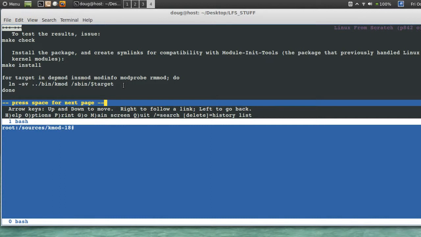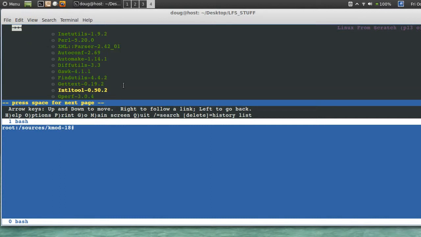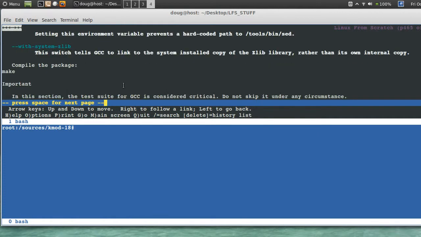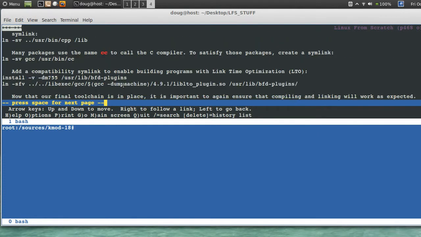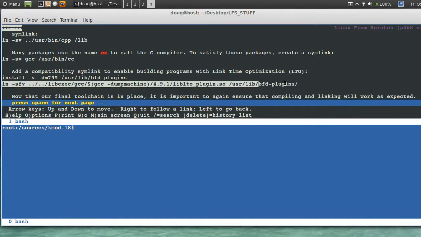There's another one here, way back over glibc, actually GCC after our test. And the second one right here is mortal.